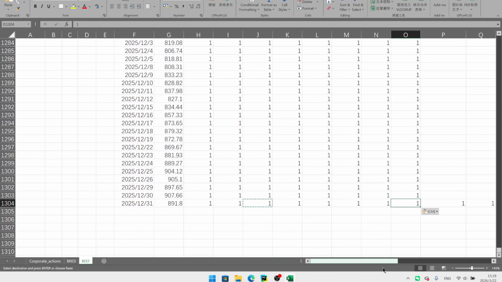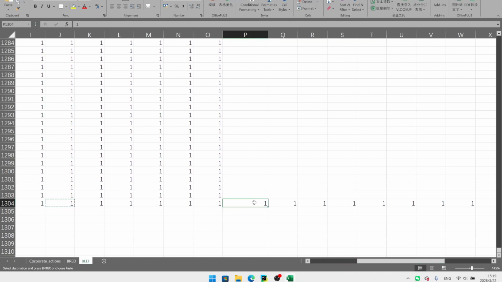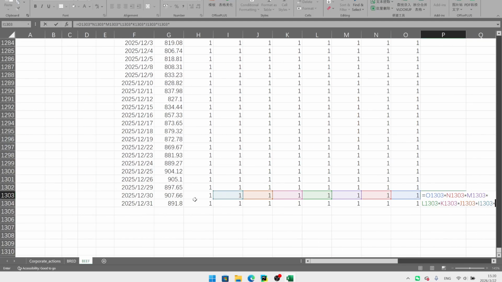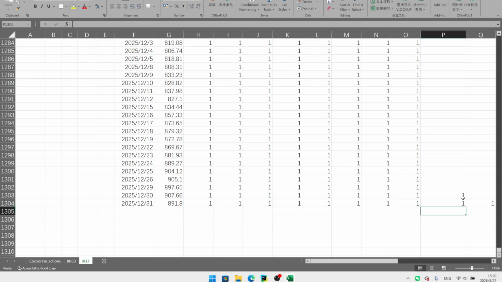Okay. So we just use the function this times this times this times this, and we see the function right.